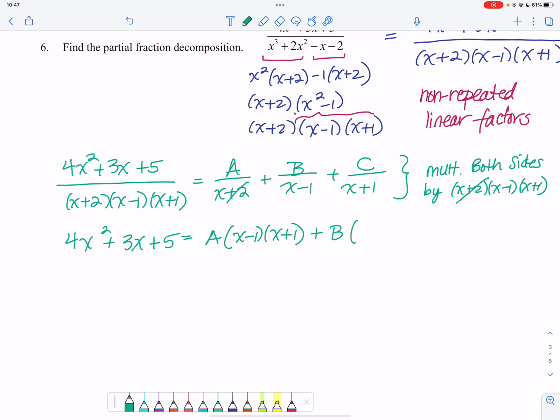This time, we will have the x minus 1 cancel, so we have B times x plus 2 multiplied by x plus 1. I'm sure you can see the pattern happening, plus C, and you guessed it, x plus 2 multiplied by x minus 1.